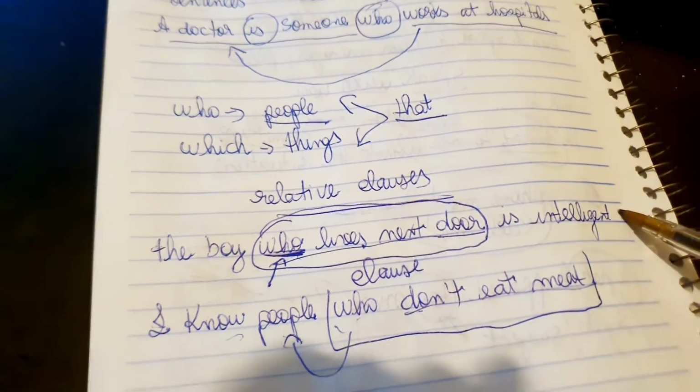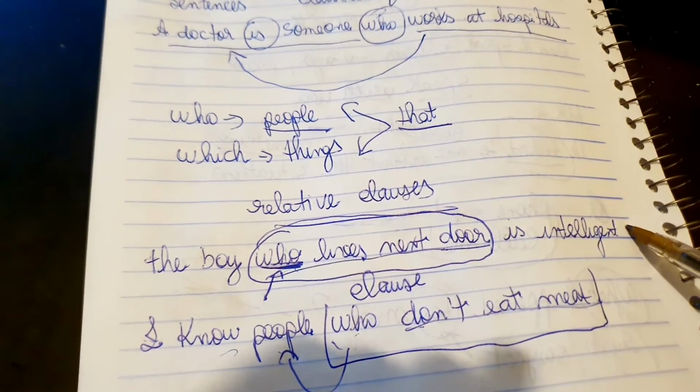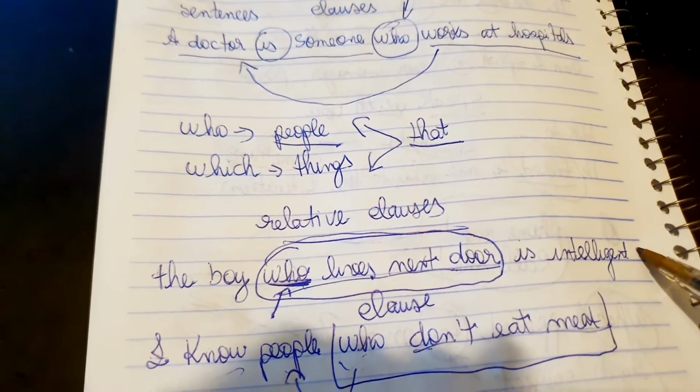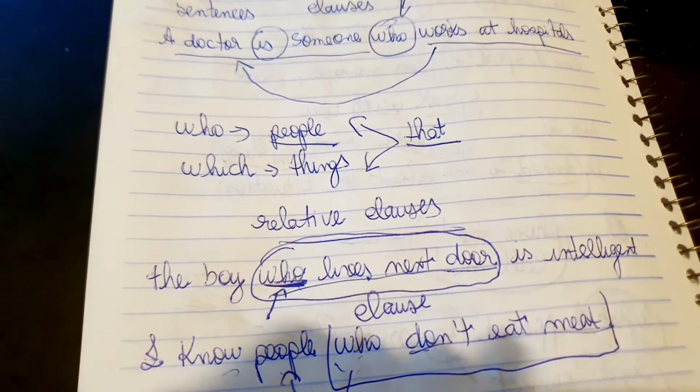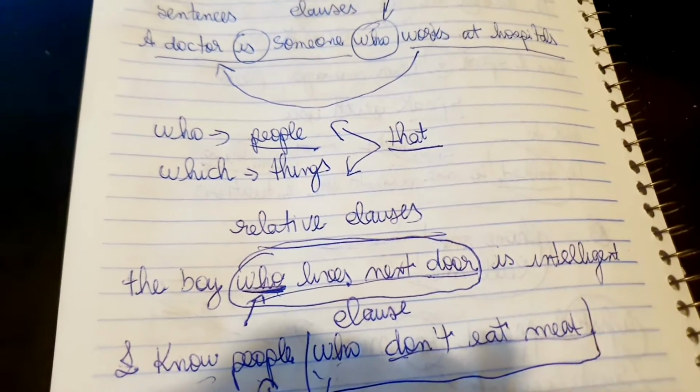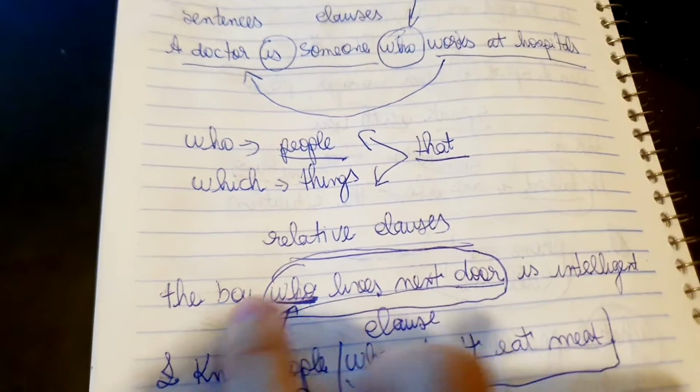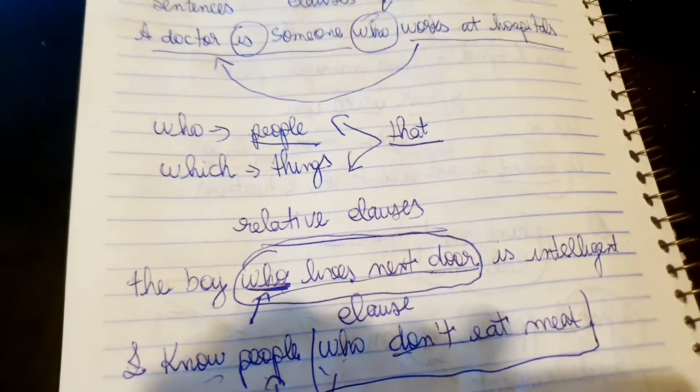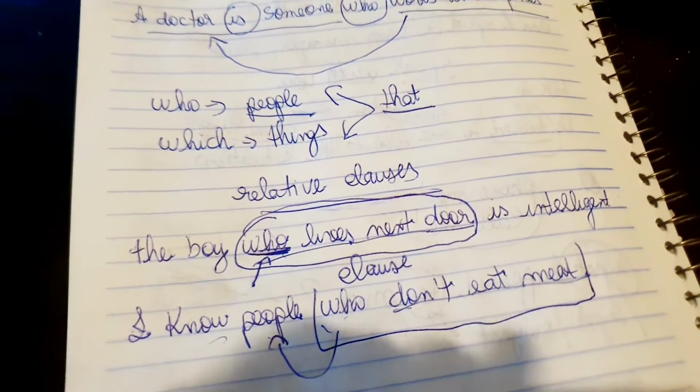In the first sentence, I can't write who lives next door. The boy who is intelligent lives next door. Yes, it's possible to write it this way, but I can't say the boy is intelligent who lives next door. No, it's wrong.